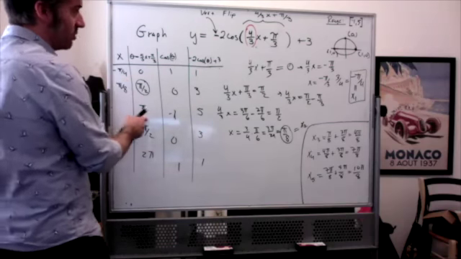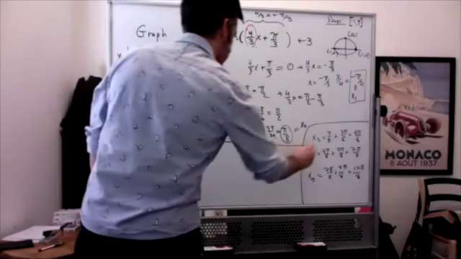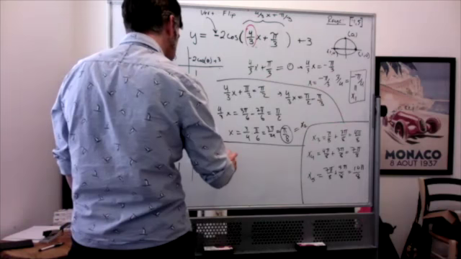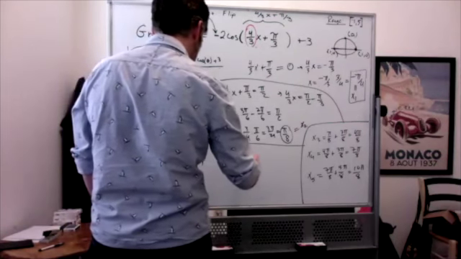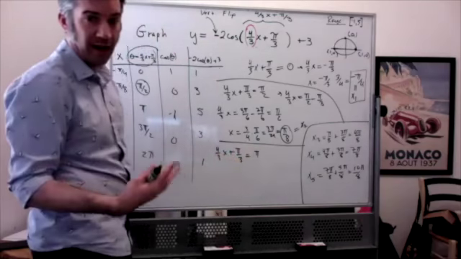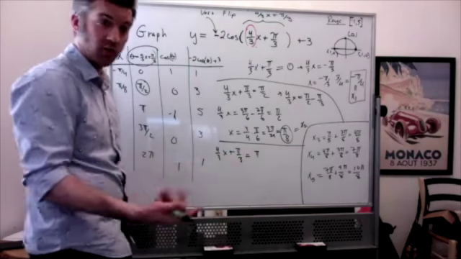To find the next one, you would set your angle equal to pi. So, right, setting 4/3 x plus pi over 3 equal to pi. I'm going to subtract pi over 3. Pi minus pi over 3 is 2 pi over 3, just like 1 minus 1/3 is 2/3.